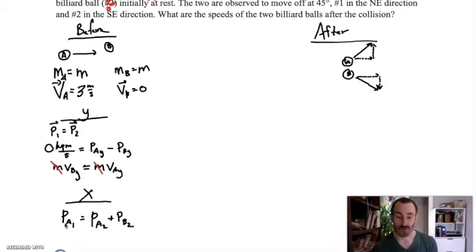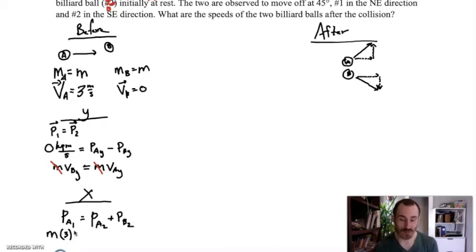So you have to keep in your head all of this stuff is x component stuff. Okay, so the momentum of ball A at the beginning. And here's where the trouble comes in. We don't know the momentum of ball A at the beginning, right? We know its velocity, but we don't know its mass. So what we end up with is that mass times 3, I'm not going to put in the units in all of this stuff because it's going to take up way too much space.